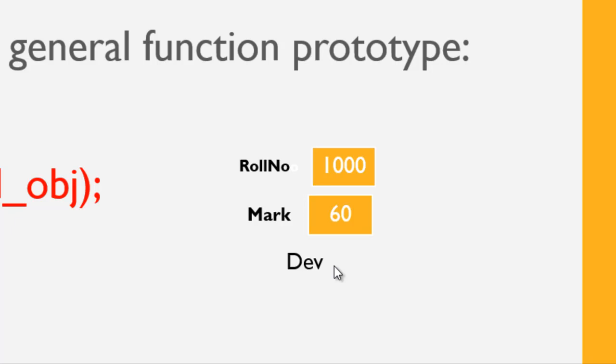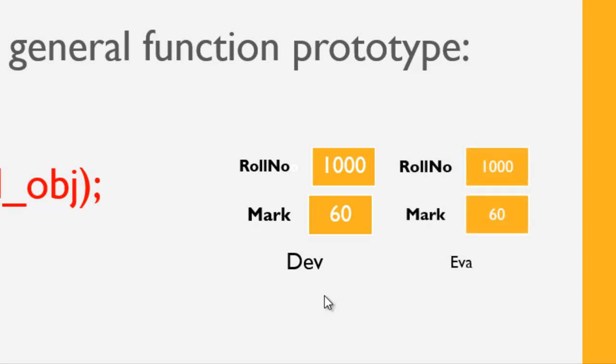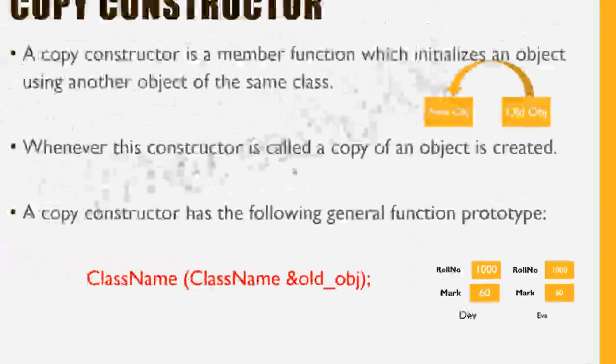I initialize the fields of Ava with the values of Dave. The important thing is that I initialized Ava at the time of its creation. So Ava stored 1060 while I created it. So whenever this constructor is called, a copy of an object is created.